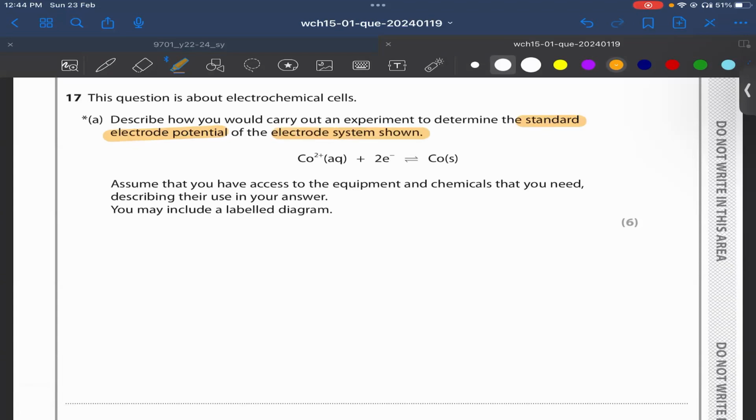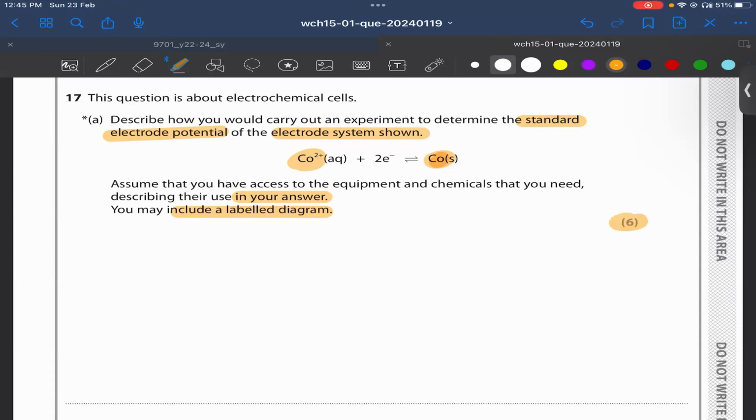We have this electrode system, cobalt in contact with cobalt(II) ions. Assume that you have access to the equipment and chemicals that you need, describing their use in your answer. You may include a labeled diagram. So it's a 6-marker question.